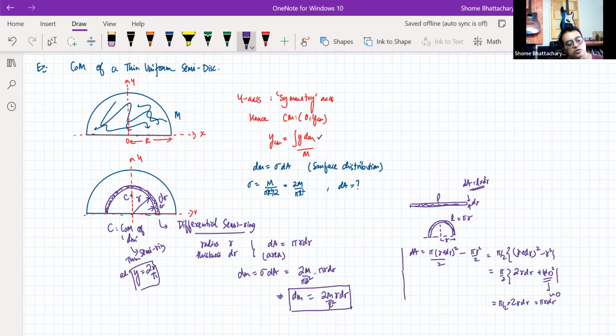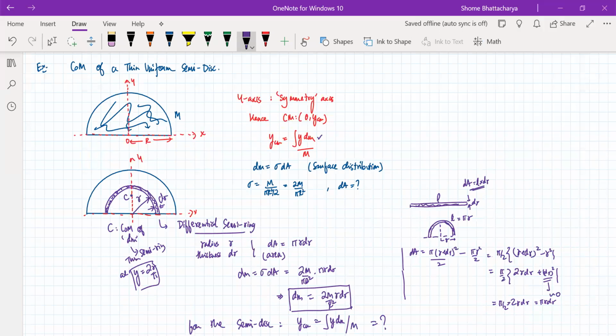Now for the whole semi-disk, we have to just integrate this term and divide it by the total mass. So substitute this, and put the proper limits. We are taking the entire semi-disk, so small r should range from where to where? From 0 to capital R. Right.